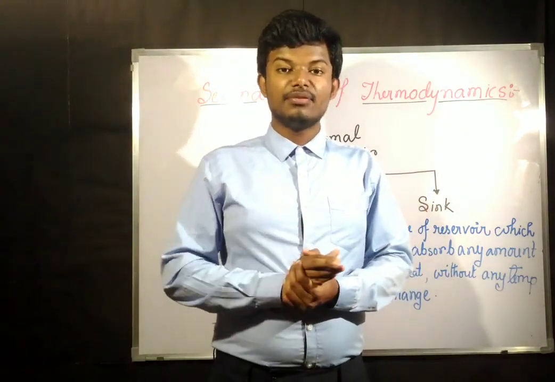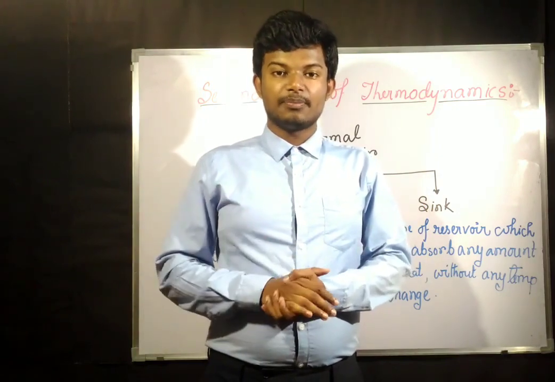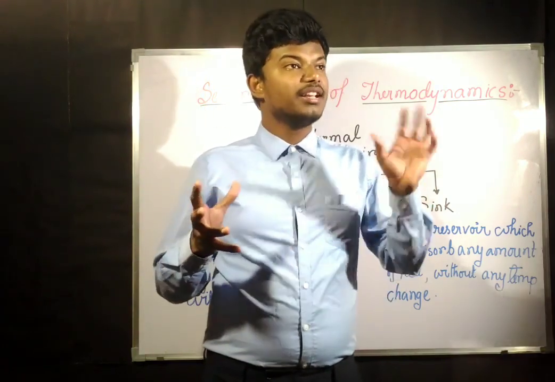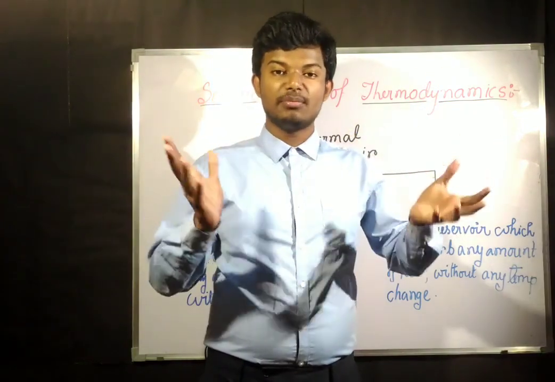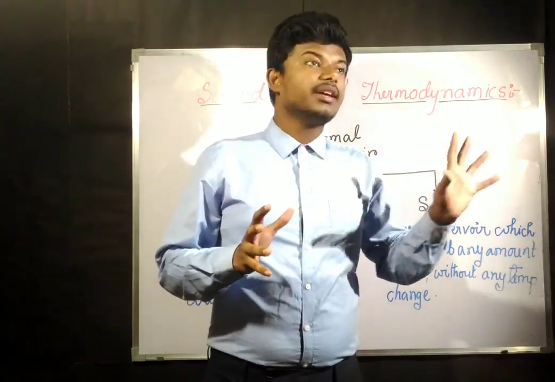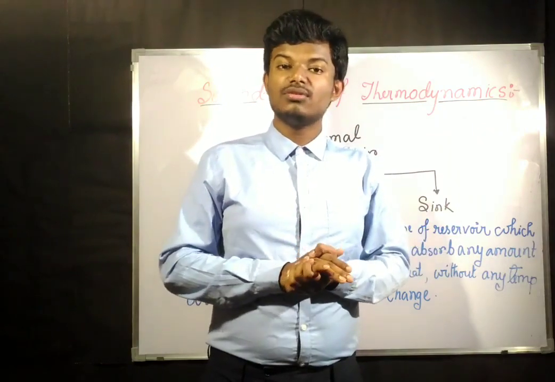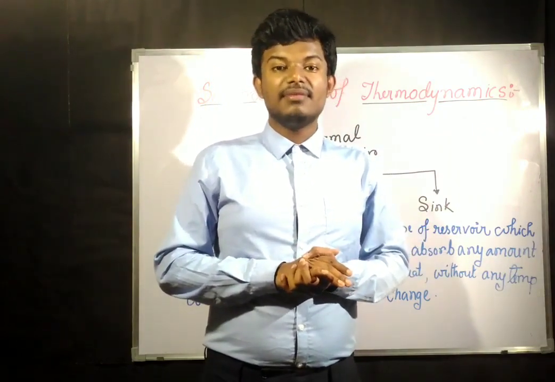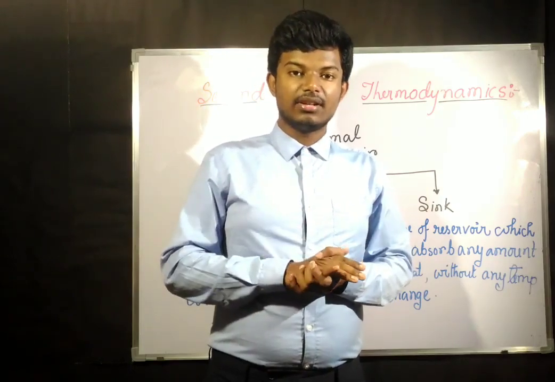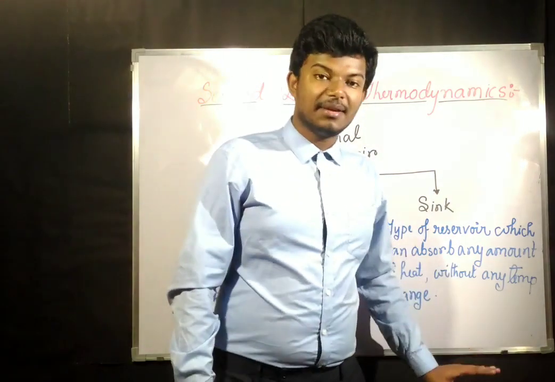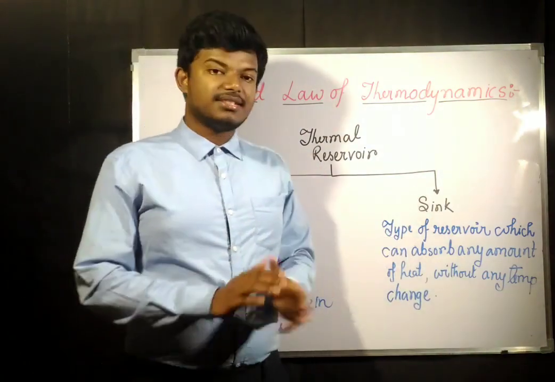The perfect example for a sink is the atmosphere. If you continuously give heat to the atmosphere, it is so massive that your heat input is not going to change its temperature, and even if it changes, it is very negligible.